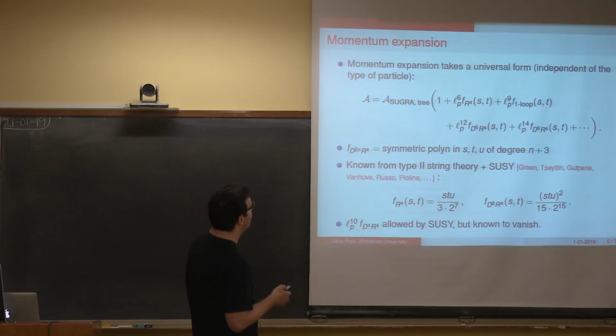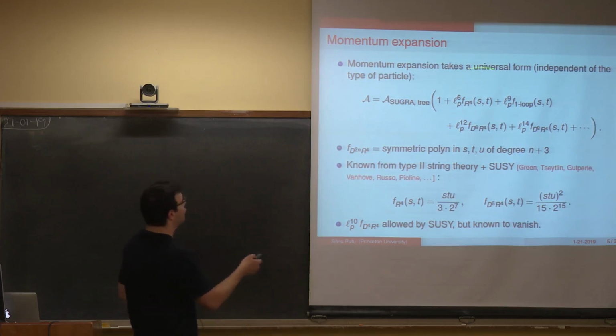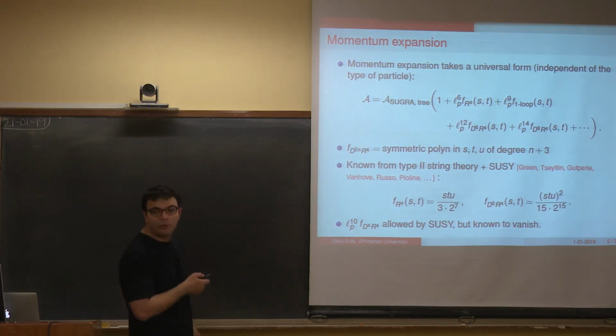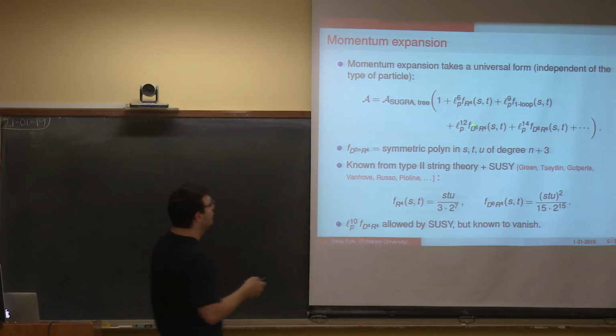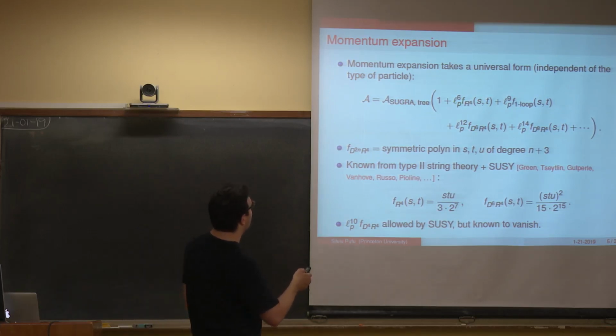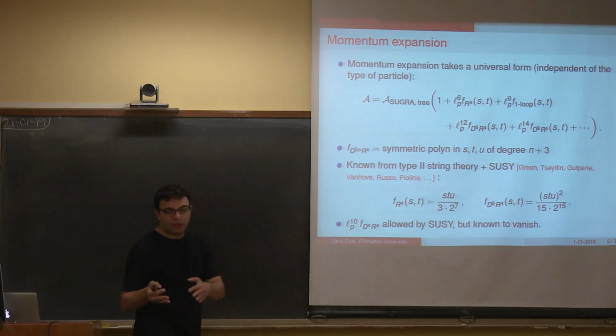What happens at higher orders in momentum? Well, the expansion takes a universal form up to an overall prefactor, which is the supergravity tree level scattering. The expansion in small momentum is supergravity tree level scattering times a function of S and T. That function of S and T can be expanded in L Planck squared times S and L Planck squared times T. I can think about expanding in momentum, or expanding in L Planck.